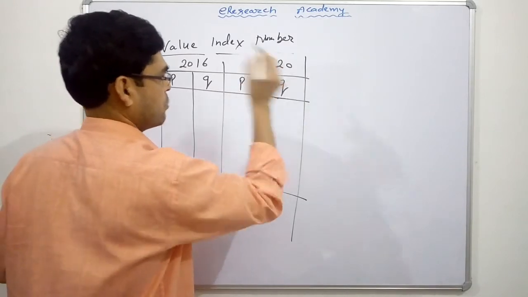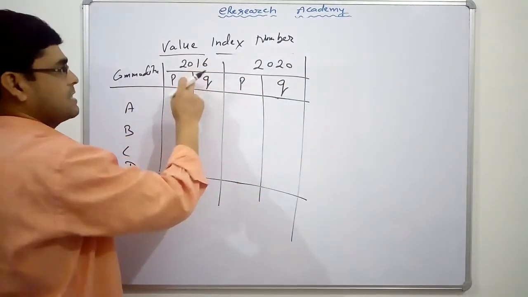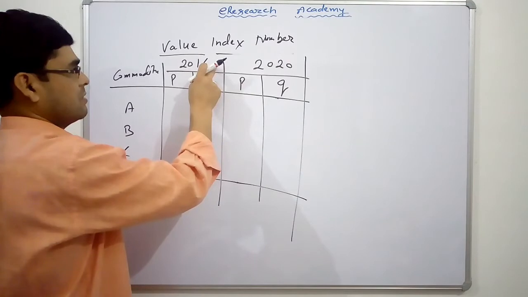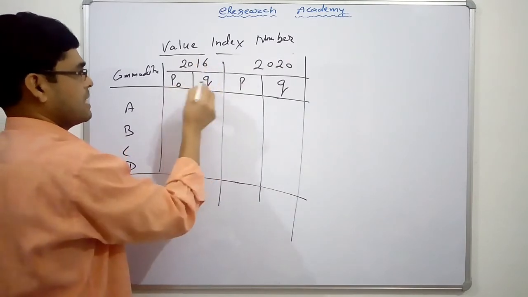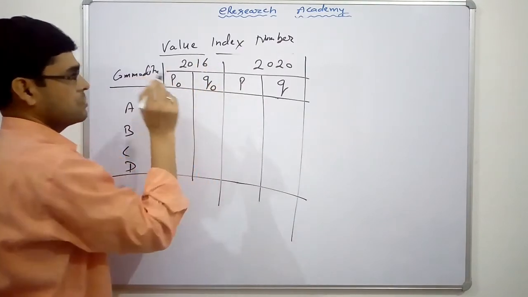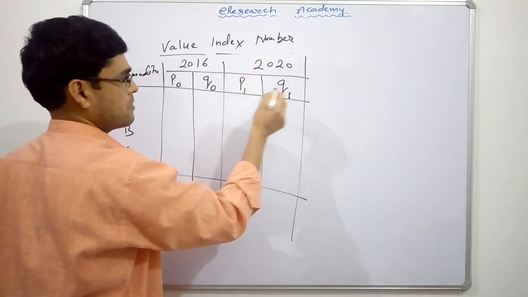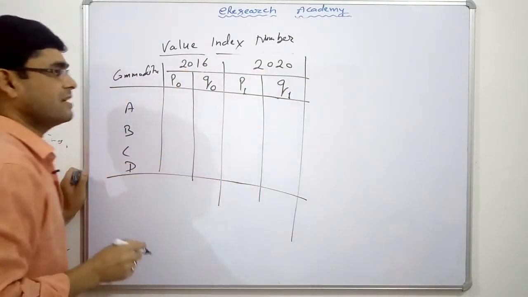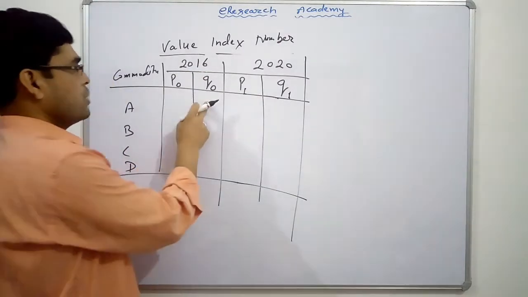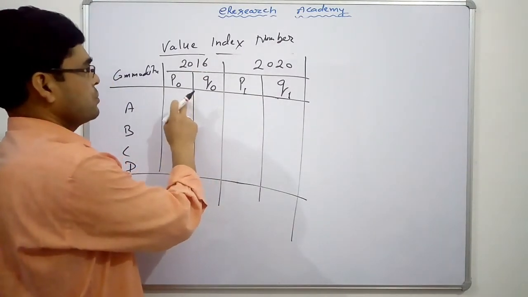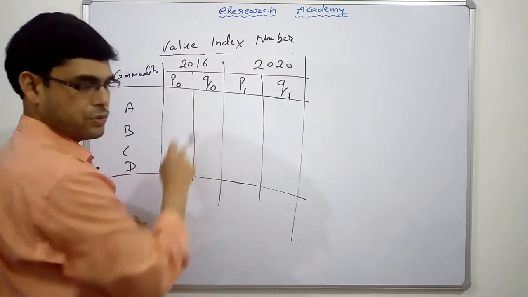For 2016 we write price and quantity as P0 and Q0, and for the current year 2020 we write P1 and Q1.